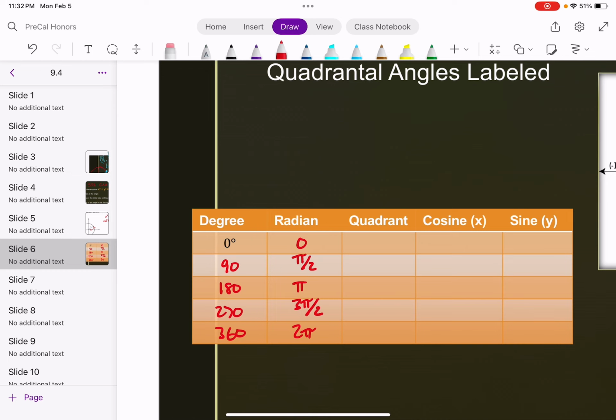Now when we ask ourselves about what quadrant we are in, remember, this is a quadrantal angle, and that's for each one of them.